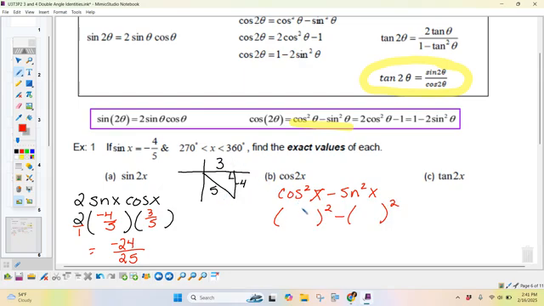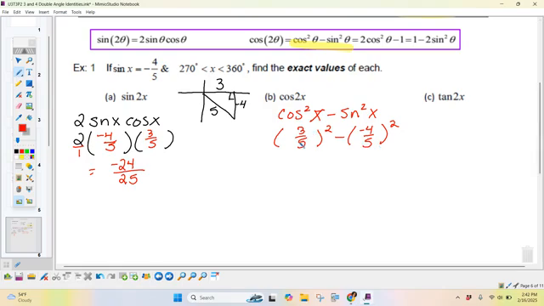So from our picture, cosine is 3/5 squared, because it's squared. Sine is negative 4/5. When you square a fraction, you square the numerator, square the denominator. We get negative 7/25.